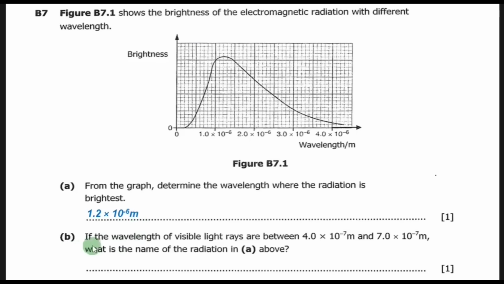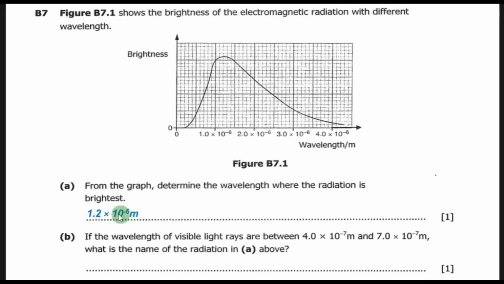Then B says, if the wavelength of visible light rays is between 4.0 times 10 to the power negative 7 meters and 7.0 times 10 to the power negative 7 meters, what is the name of the radiation in A above? They want us to know the name of this radiation here.